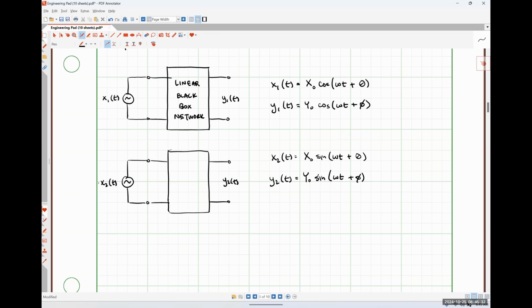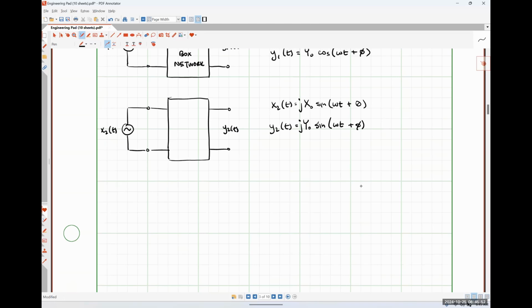Well, J is an arbitrary constant factor that we can scale things by. So if I scale my input by a factor of J, it should scale my output by that same factor of J. Okay.